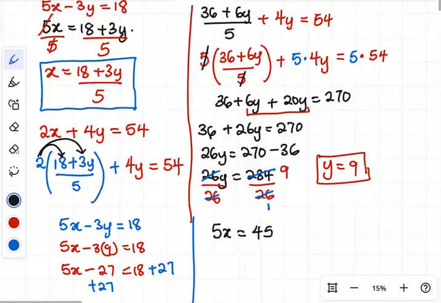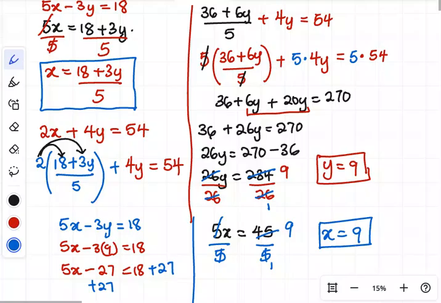Am I correct? Yeah, 45. So let me divide both sides by 5. This clears off this, so 5 divided by 5 leaves x, and 45 divided by 5 gives me 9. So x also equals 9. That is the final answer for x and y.